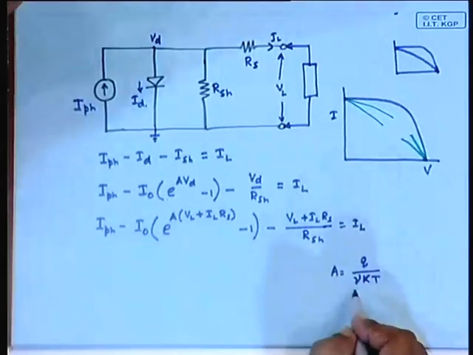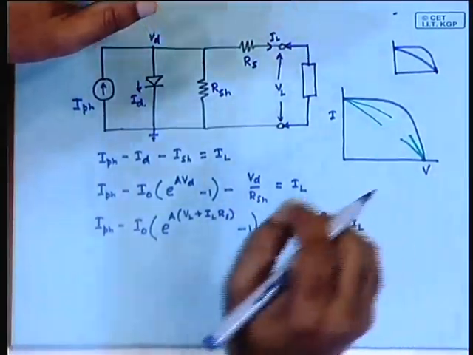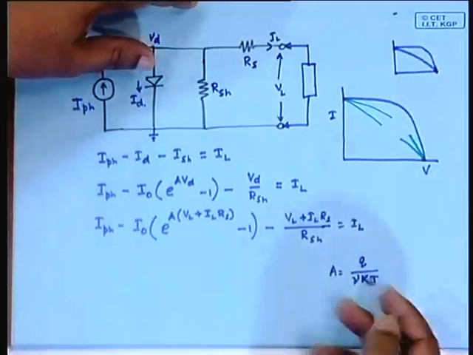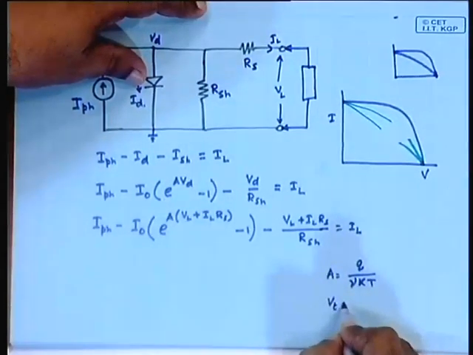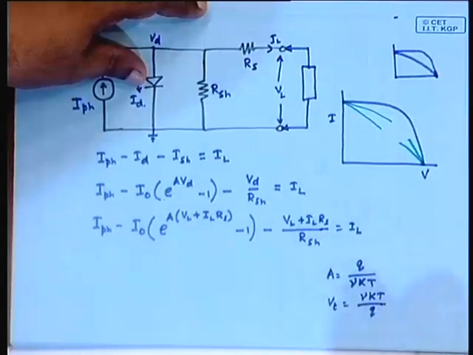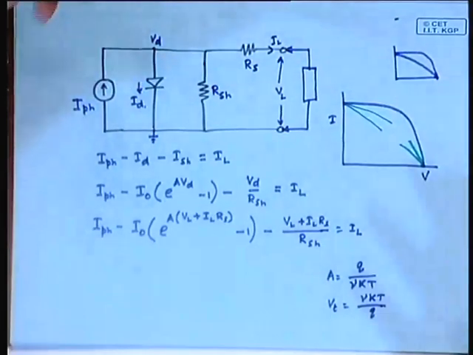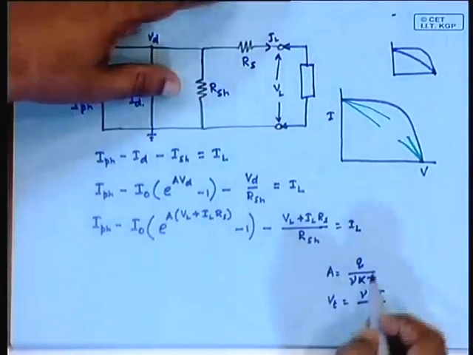So, do not be confused. Normally you do have to assume a curve fitting constant whose value need not actually be 1, has to be found out from actual measurement of the diode characteristics. In some books you will find that its reciprocal is called Vt, because this will have the unit of voltage. So, they call it Vt, but nevertheless for our purpose we are calling it like this.